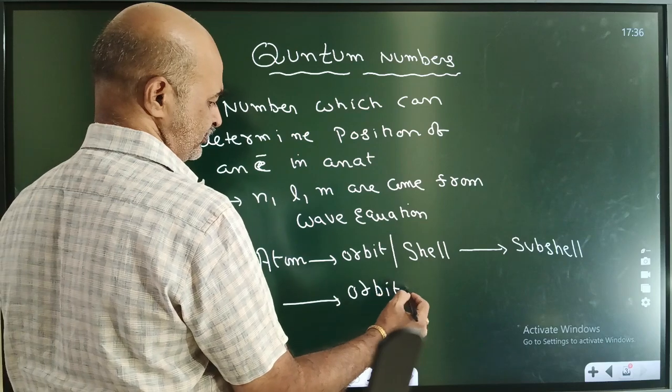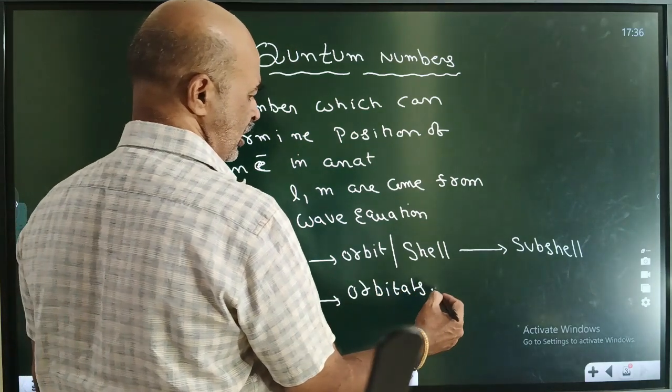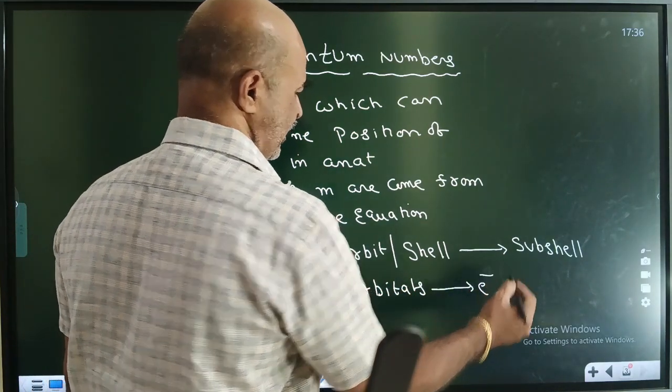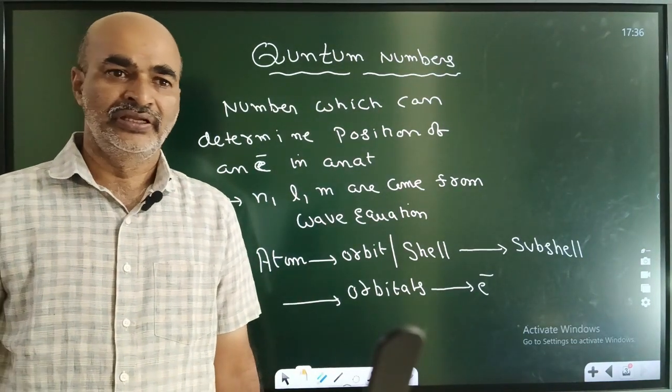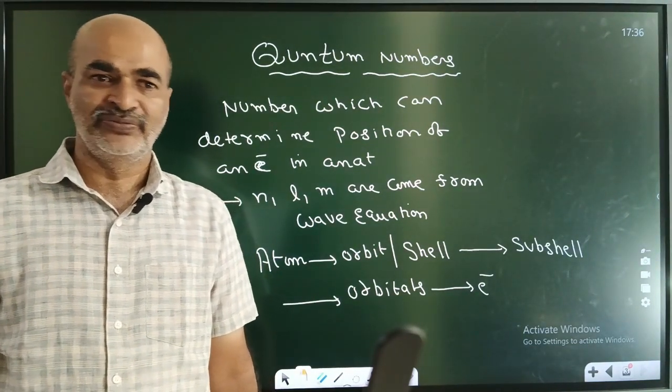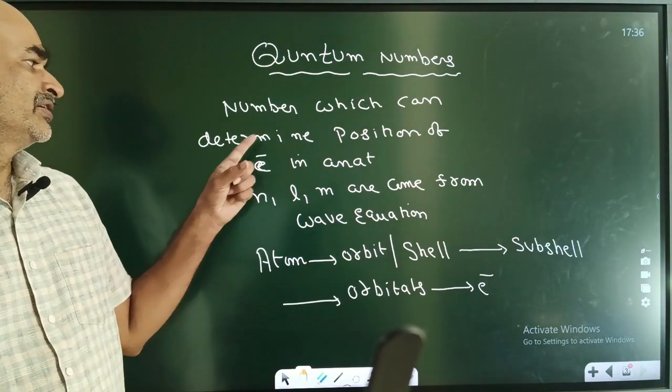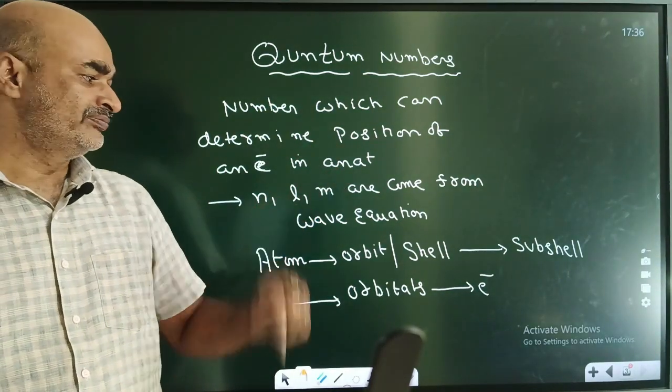Orbitals contain electrons. So an orbital is characterized by three quantum numbers n, l, m.